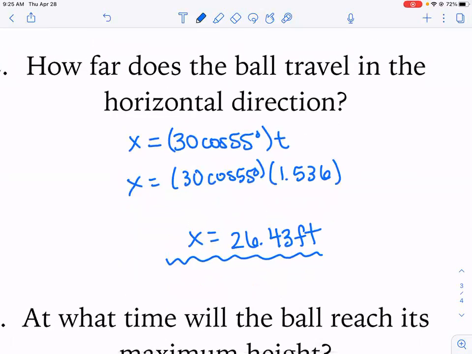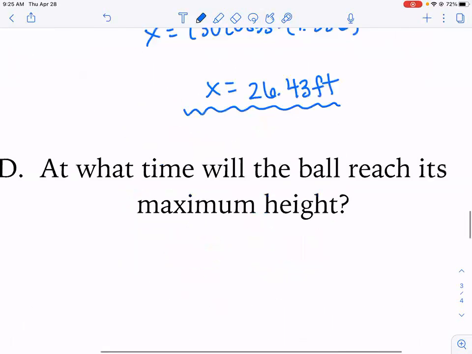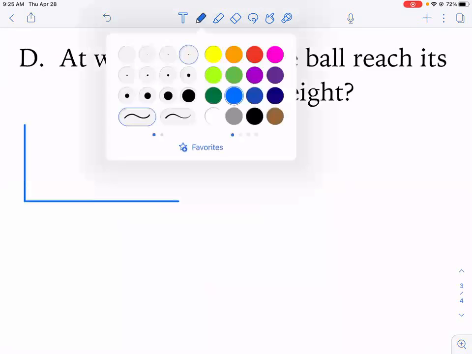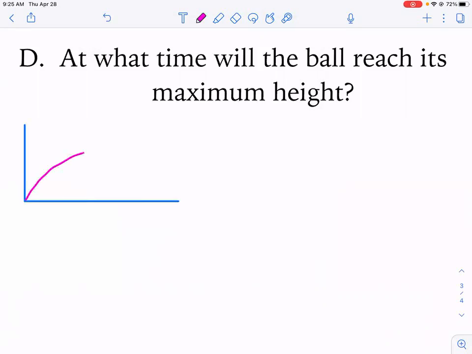All right. At what time will the ball reach its maximum height? We have a parabola, yes? What is this called right here? The vertex.